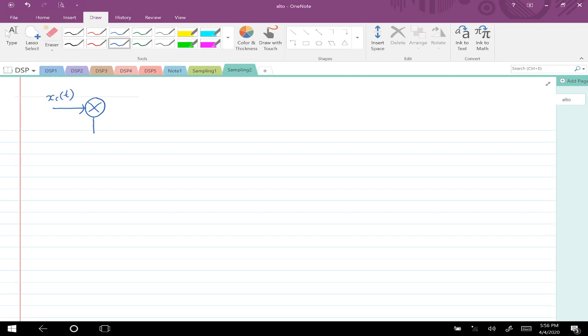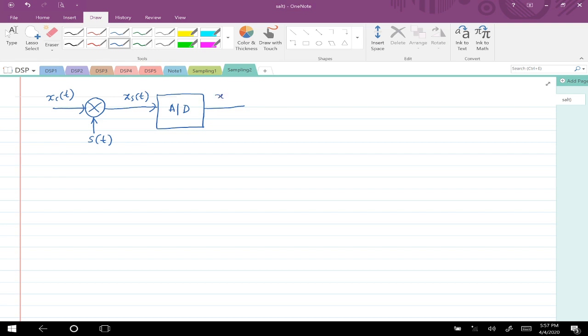In order to obtain a sampled version, but still a continuous time signal, it is multiplied with an impulse train. Then there is the integral from nt minus epsilon to nt plus epsilon. Instead of that, for simplicity in writing, let me write it as analog to digital or discrete. So what you have here is xs of t, the sampled signal of the original continuous time signal.